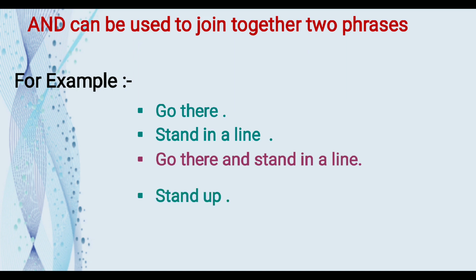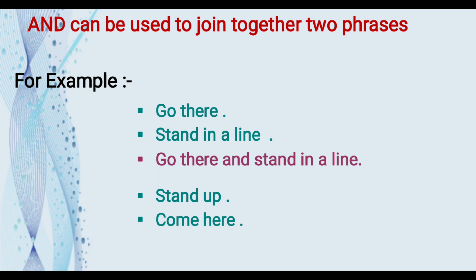Next is stand up, come here. So how can we join them? Now think about it. Stand up is a phrase, come here is a phrase. If we want to join these two phrases in a sentence, first of all we write the first phrase, then we use the conjunction and, then we write the second phrase.